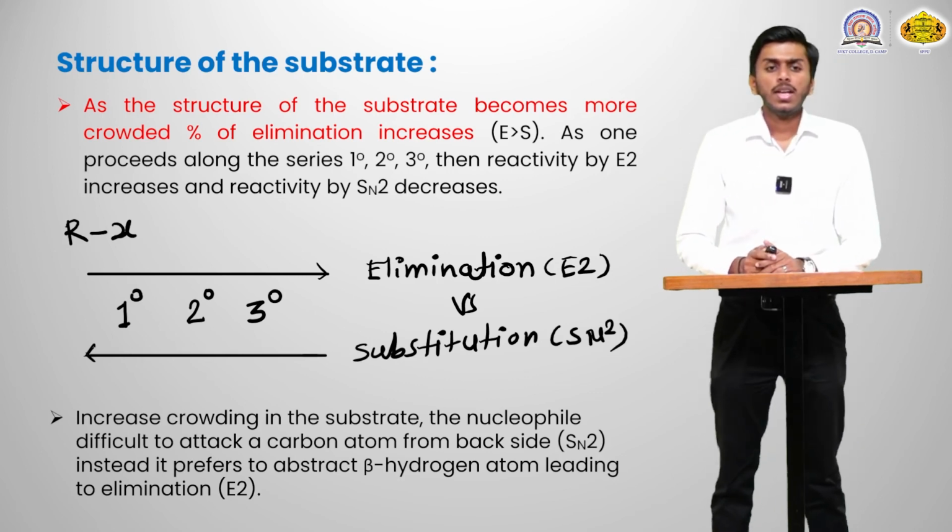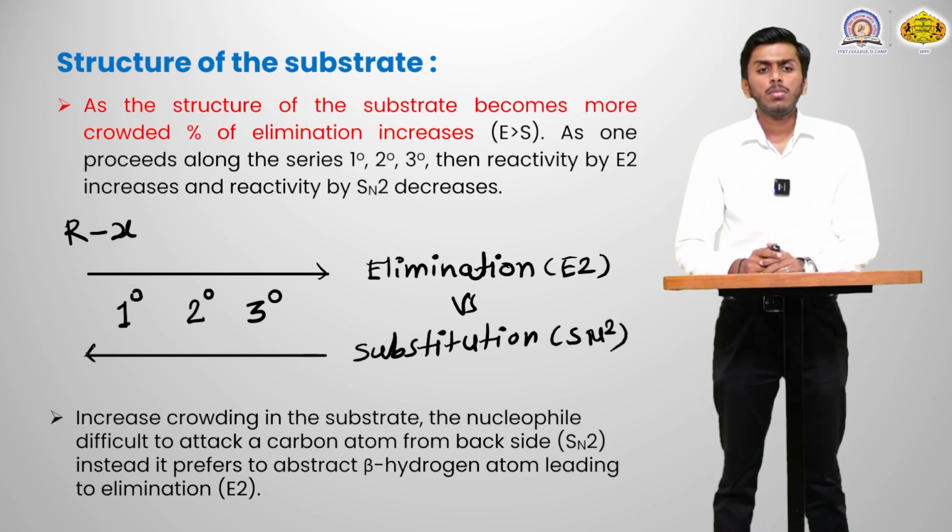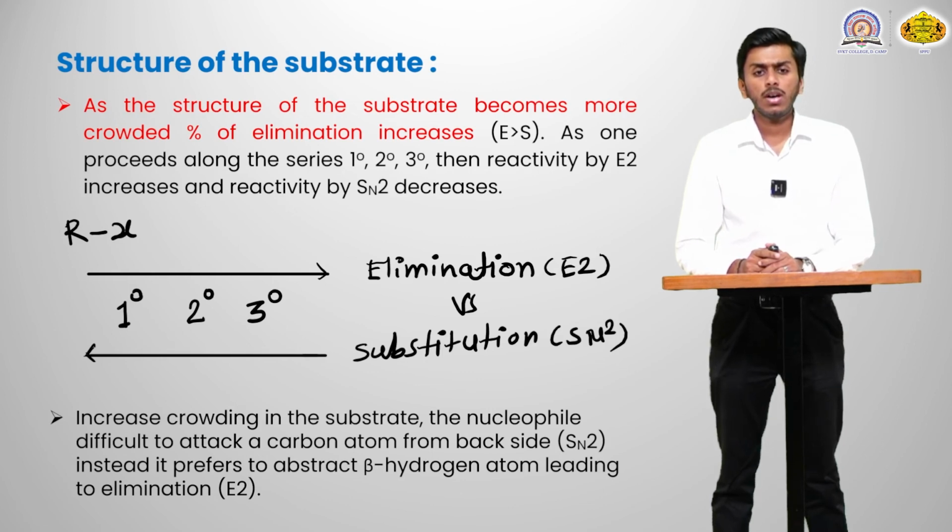Structure of substrate. As the structure of the substrate becomes more and more crowded, the percent of elimination reaction increases as one proceeds along the series of primary, secondary, tertiary. Then reactivity by E2 increases and reactivity by SN2 decreases. With increased crowding in the substrate, it is difficult for the nucleophile to attack the carbon atom from the backside, that is, SN2 is difficult.